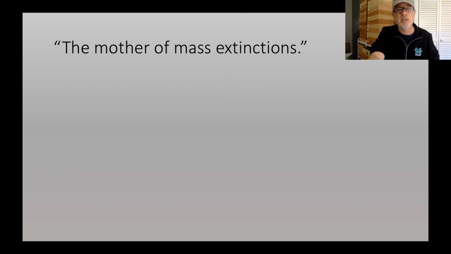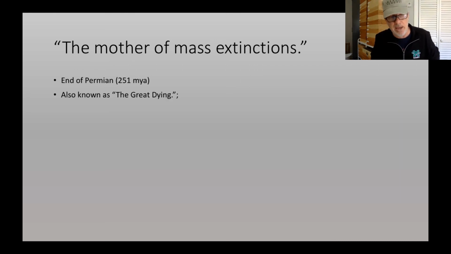The first, the mother of mass extinctions, was the end Permian extinction that occurred 251 million years ago. It's also known as the Great Dying, and I just love that name. It is estimated that 96% of all species on Earth were lost during the Great Dying.